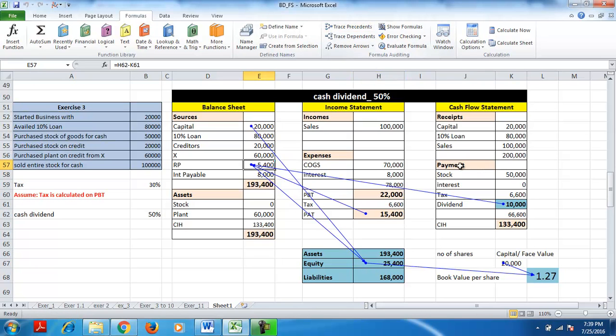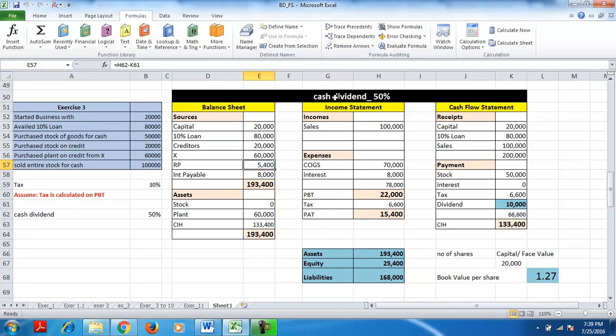The retained profit is reduced because a part of the profit is distributed. So when a company distributes dividend, all other things remaining constant, the book value per share falls.